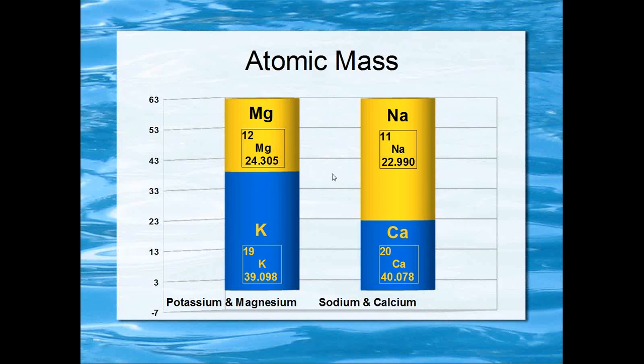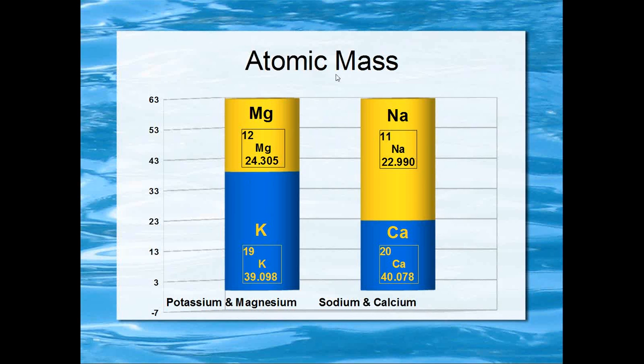Now here are 4 of our electrolytes: magnesium, sodium, calcium, and potassium. And each one of these do have an atomic mass. If you can kind of dredge up in the back of your mind way back in school that periodic table of elements.